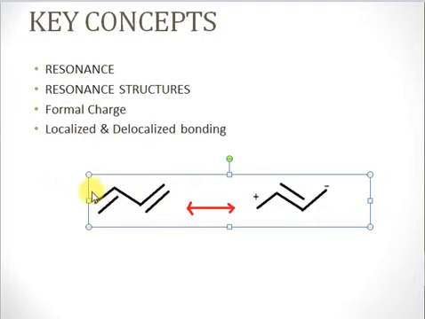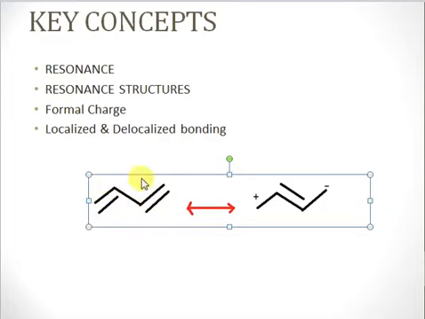There's a double bond between carbon 1 and 2, and similarly this is the 3rd carbon and this is the 4th carbon, with a double bond between carbons 3 and 4. So this is known as 1,3-butadiene. There's a double bond between 1 and 2, a double bond between 3 and 4, but a single bond between 2 and 3.